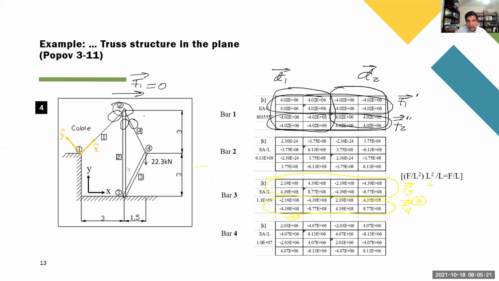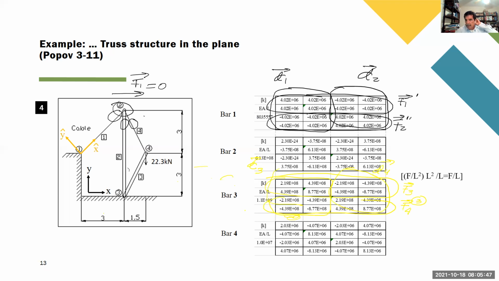Now, again, this vertically is multiplied by joint 3, and this other part is multiplied by joint 4.